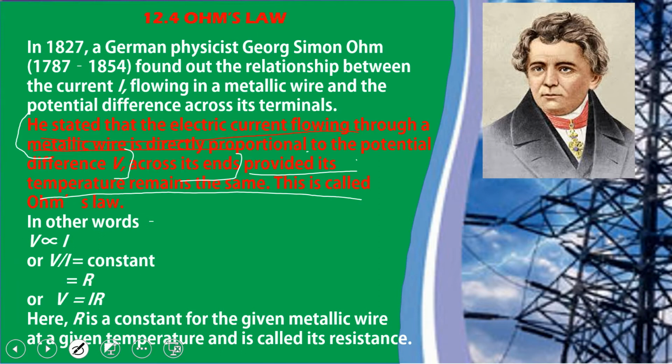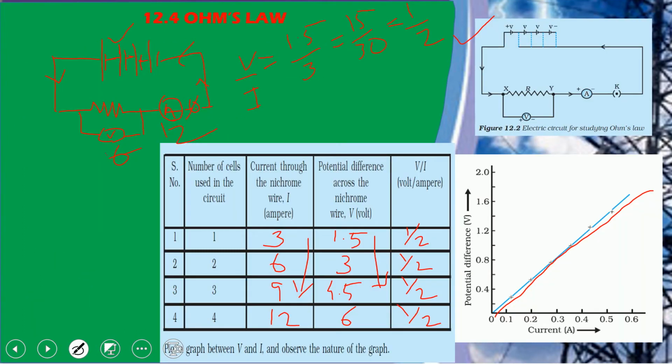Temperature is a physical state. Why is it stated like this? In this example, when we increased the potential difference, the ratio remained constant, but that is not always the case.